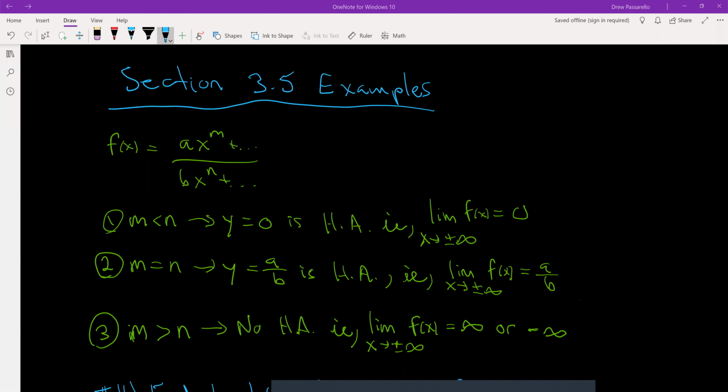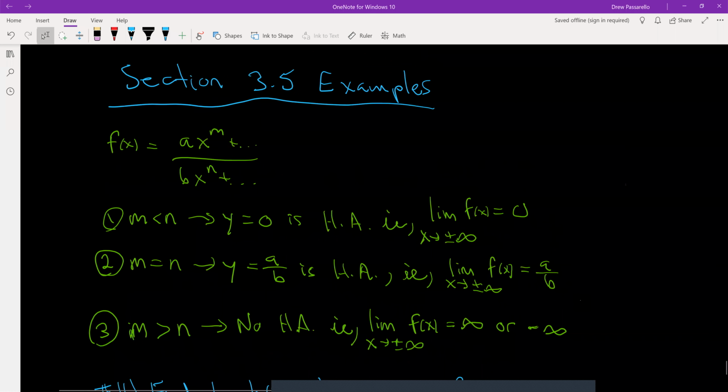All right, so this is going to be going over some examples for section 3.5. I went over this in the last video, but I want to just go ahead and write it down. For horizontal asymptotes, you have these certain guidelines.